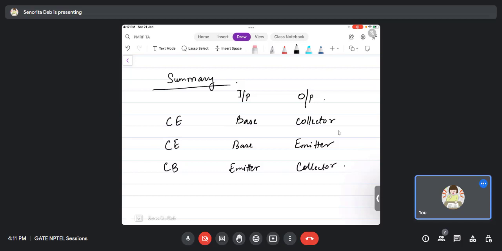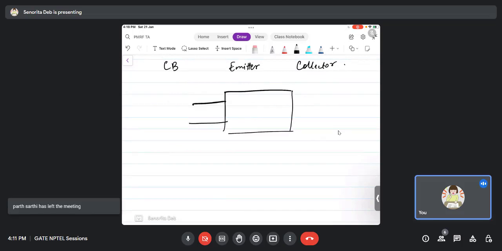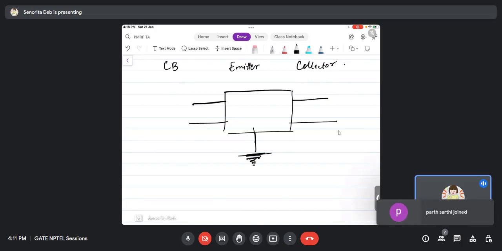I'll go to the common emitter topology now. If I write it in a two-port network type, if you remember from your network theory, in two-port networks something like this is drawn, there are blocks, and there is one terminal which is pointed out as ground.